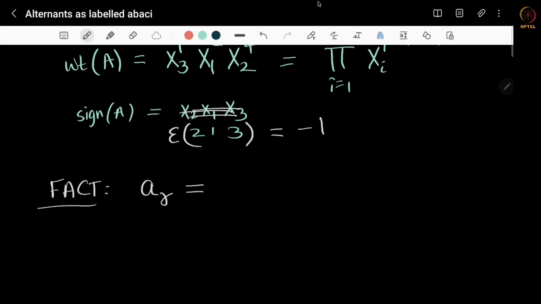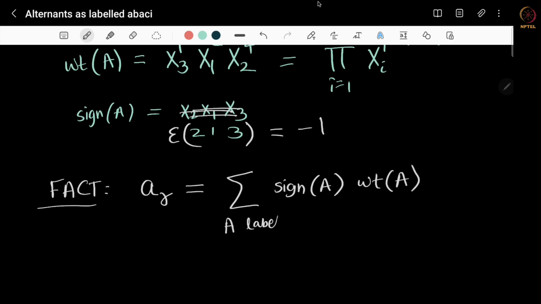Similarly, you can imagine how this works in general. In this particular example, there are 6 different ways of placing these 3 labeled beads on these 3 positions on the abacus, and each such configuration will give you a certain weight and a sign. Now here comes the simple fact, which is maybe a simple rephrasing of the expansion of the determinant.